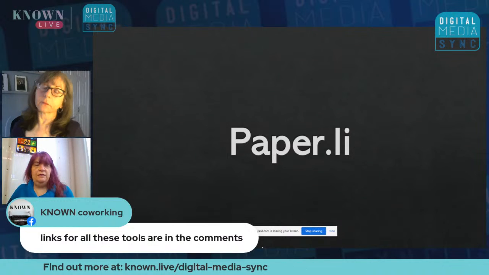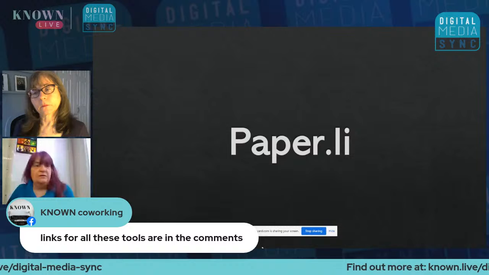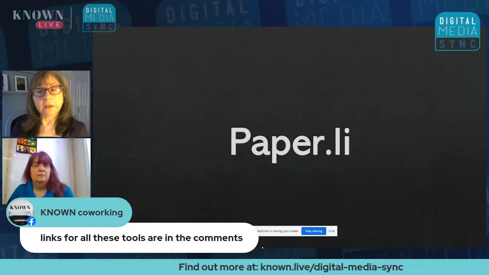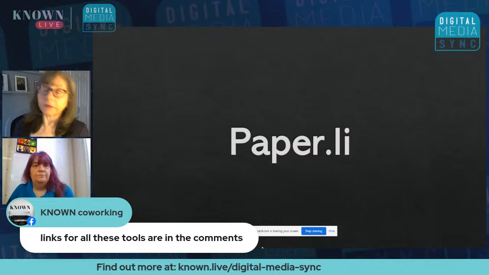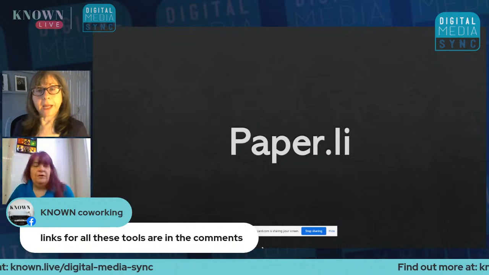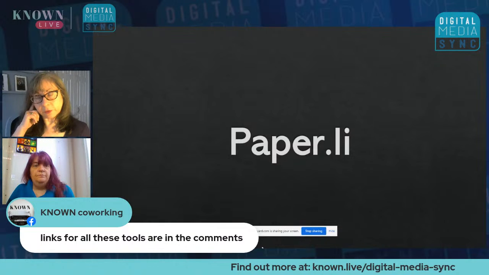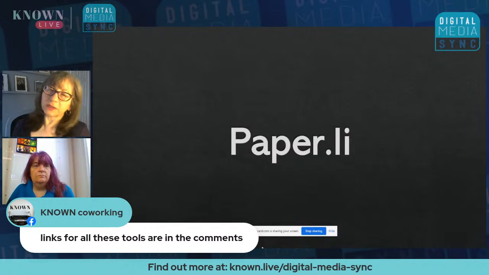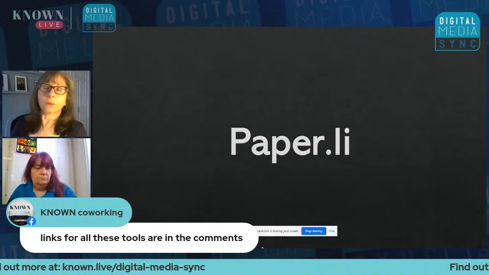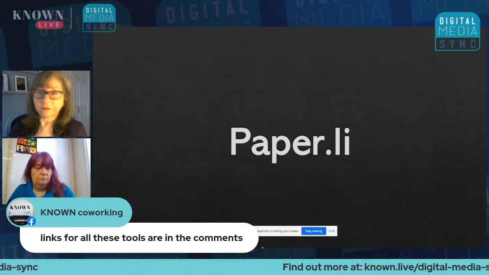You're right. So is there a freemium, or is this paid? It's both. So, again, it's the free. All of these are free, but you can always upgrade. I'm not sure with Paper.li what you would get if you upgraded. Maybe more Twitter accounts, or if you're doing it with Facebook, you'd get 3 Facebook accounts.